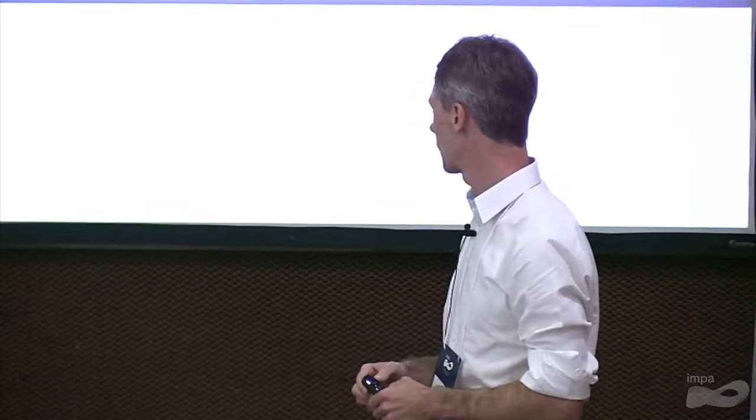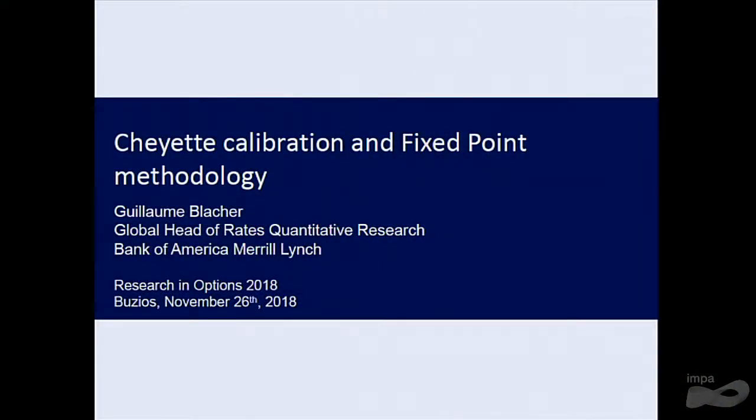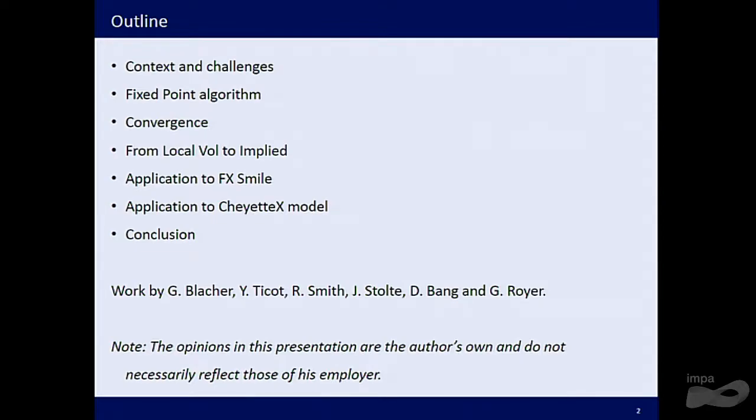Well, maybe 10 years later, when I presented my first stochastic volatility model, mixed model, and then more recently, even more successfully. And the other thing is the sigma zero expansion, which I'll use to derive some proxies. So I'll explain quickly the context, and then I'll speak about the fixed point algorithm, which is really simple and intuitive, and we'll show some examples and some applications to FX smiles, although I'll also show some equity examples.